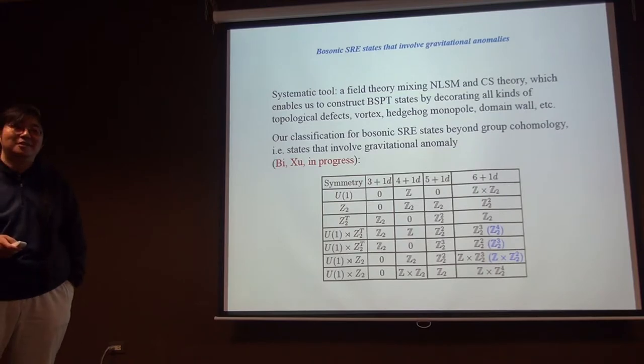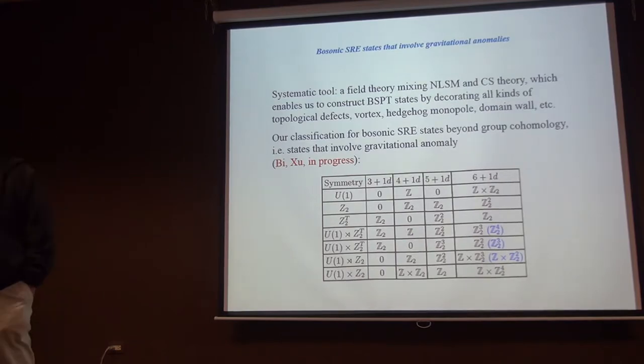And so all the blue entry states can be obtained by the minimal declaration. One way to understand the minimal declaration is that if you do dimension reduction, you make a proper symmetry twist in some manifold, and you get an invertible topological state of the other manifold.